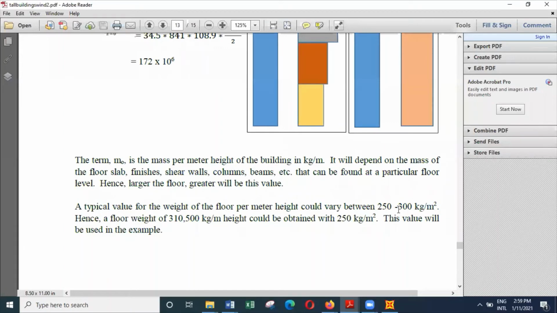And when you multiply 250 by 34.5, multiplied by 36, you will end up with a floor weight of 310,500 kilograms per meter height.